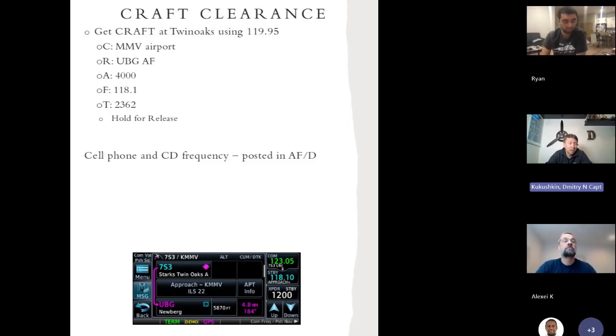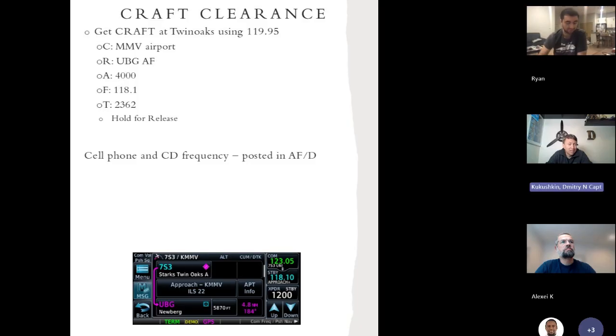In this case, they will say 76 Foxtrot Alpha, advise when ready to copy. Say you're ready to copy, and they'll say 76 Foxtrot Alpha cleared to McMinnville Airport via Newburgh, then as filed. Altitude 4,000, frequency 118.1, squawk 2362.